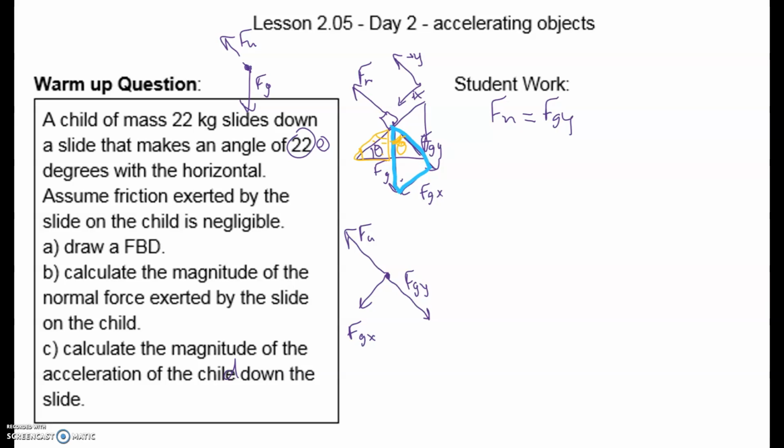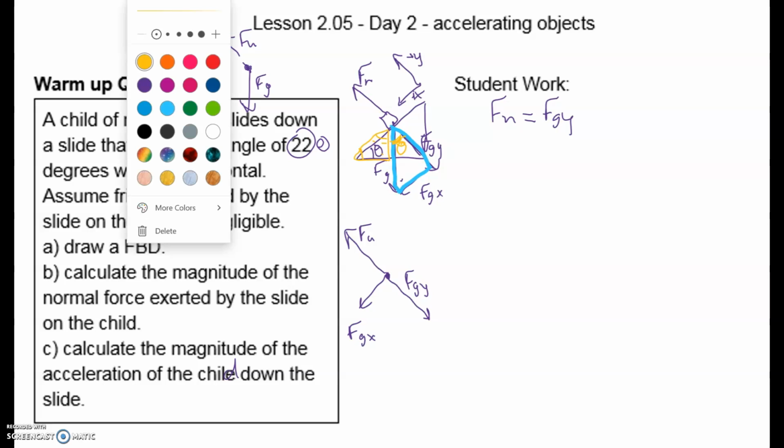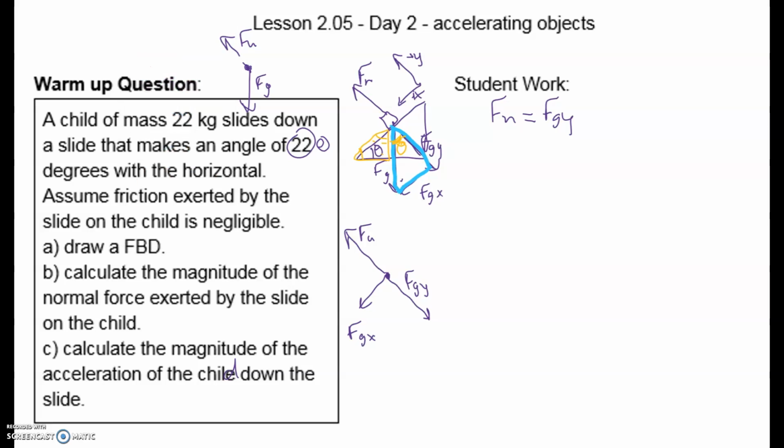Kind of long story short, if you always draw your diagram with your y component first for gravity, then your x component, that top angle is always going to be theta. It's not the bottom angle. So then my y component is adjacent to the hypotenuse, where the hypotenuse is the gravitational force. So we have the force of gravity times cosine of theta is our normal force.